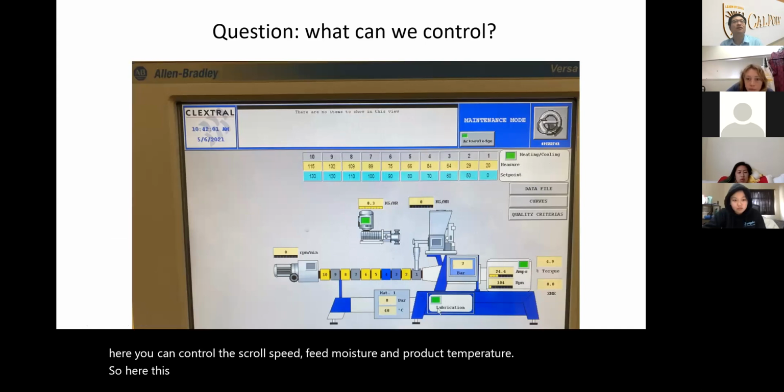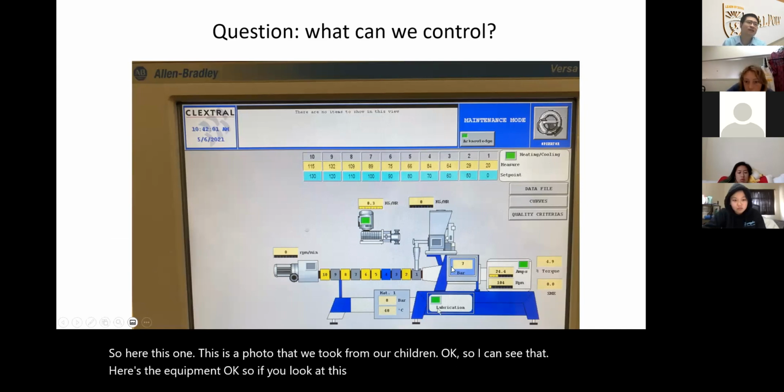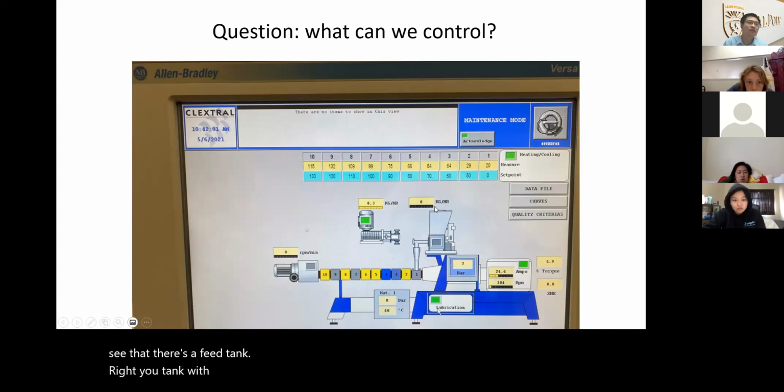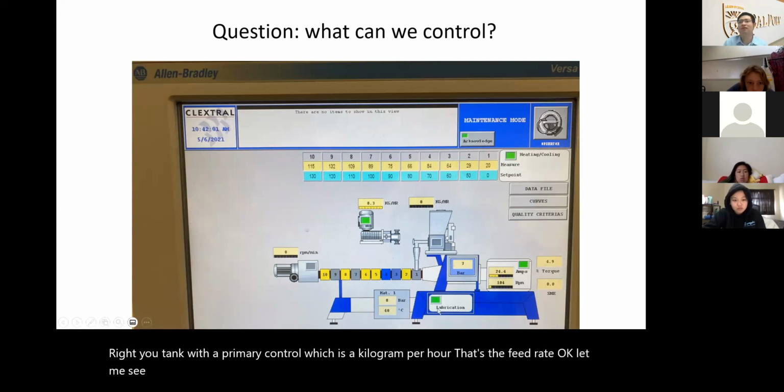Okay. So here, this is a photo that we took of our extruder. Okay, so you can see the equipment here. If you look at this flow chart, this is like a diagram. You can see that there's a feed tank, right? Feed tank with a parameter you can control, which is kilograms per hour. That's the feed rate. Okay, let me see if I can mark it. Pen.